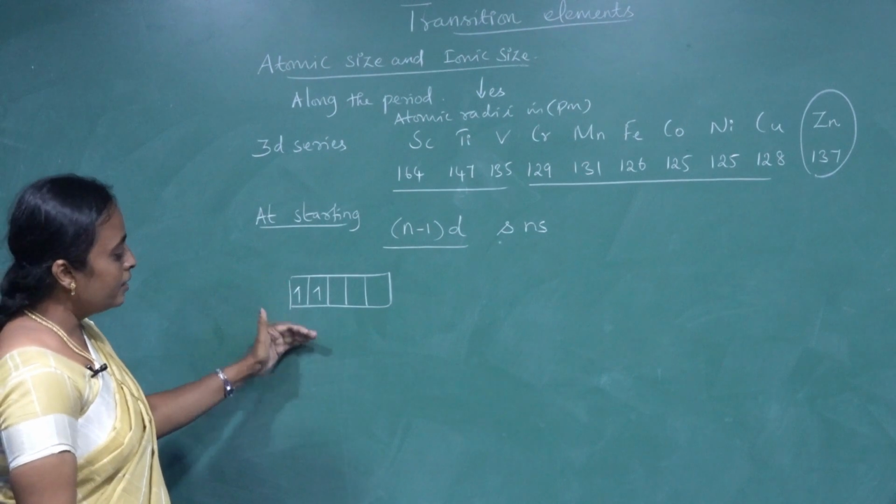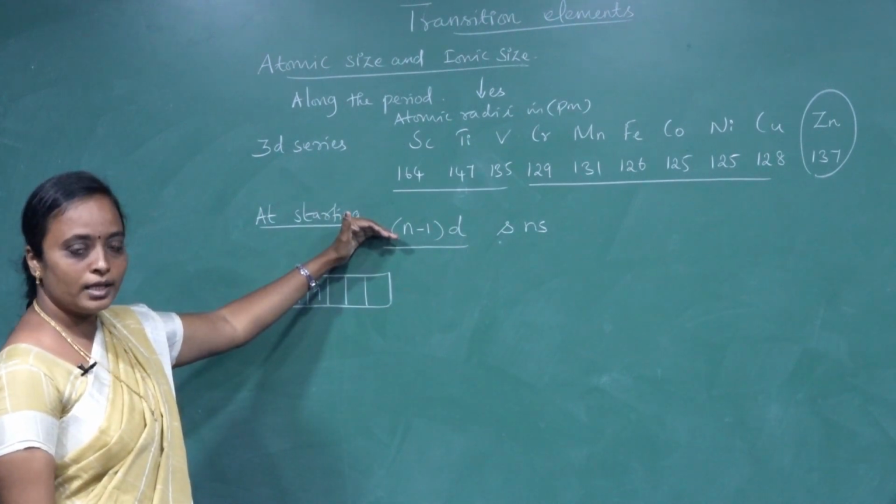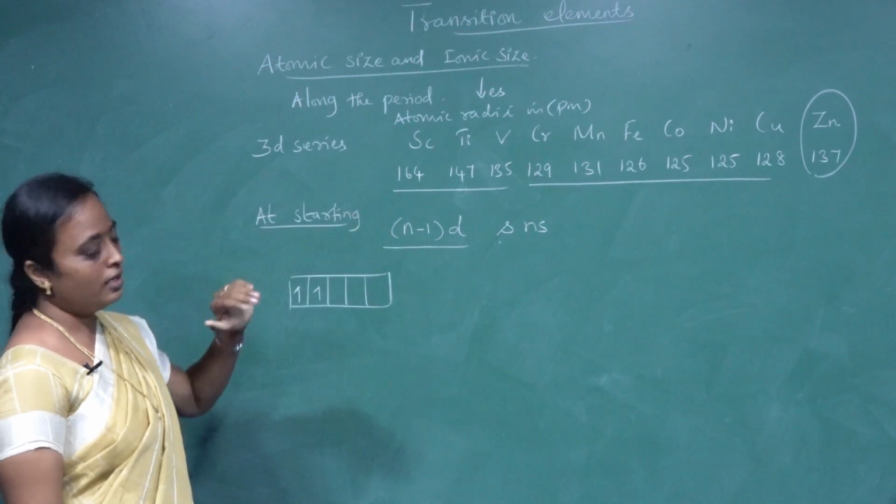So the added electrons enter the n minus 1 d orbital, which is the inner shell.